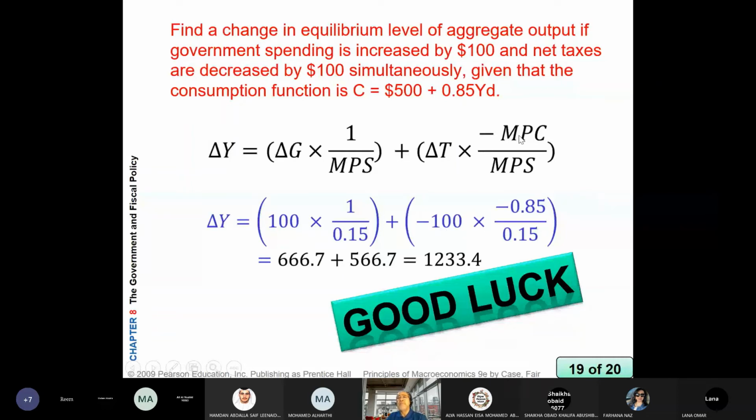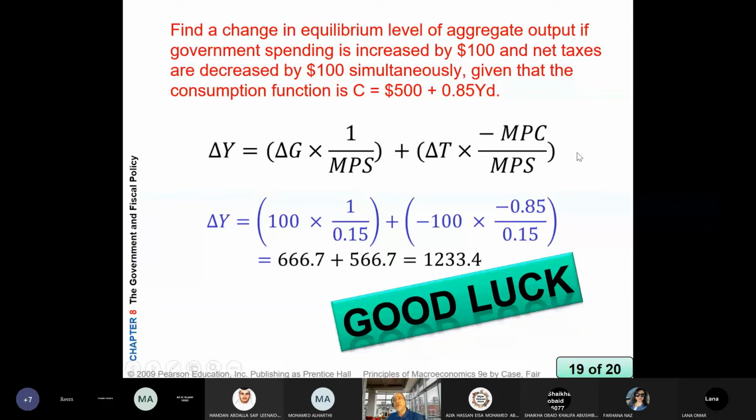Okay, what is MPC? What is marginal propensity to consume? Marginal propensity to consume is the parameter, or the slope of the consumption function. So the slope is 0.85, so marginal propensity to consume is 0.85. What is marginal propensity to save?